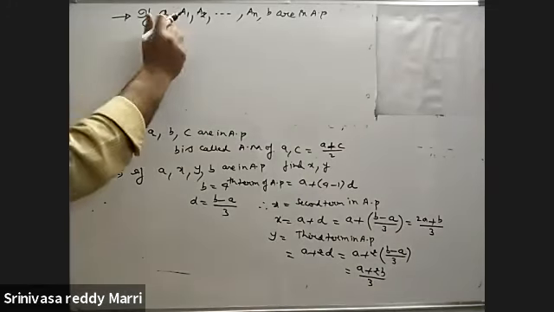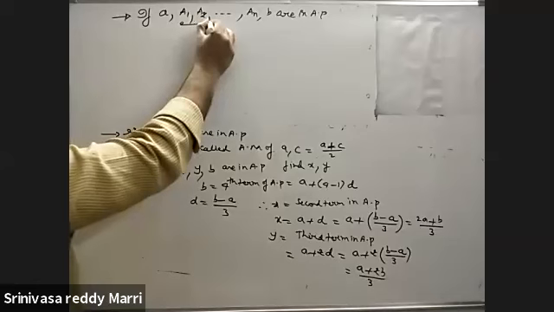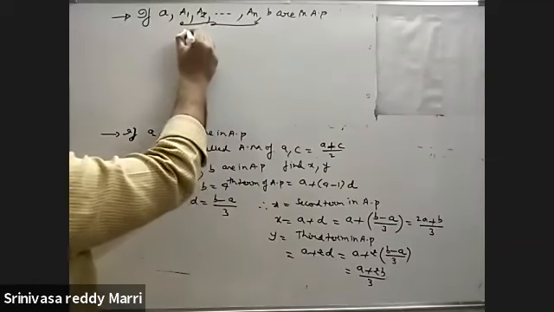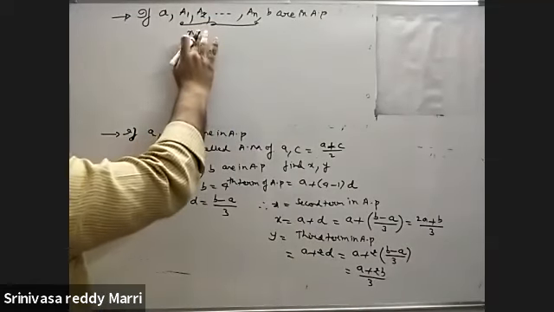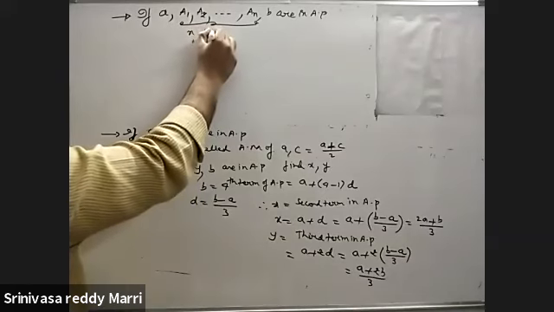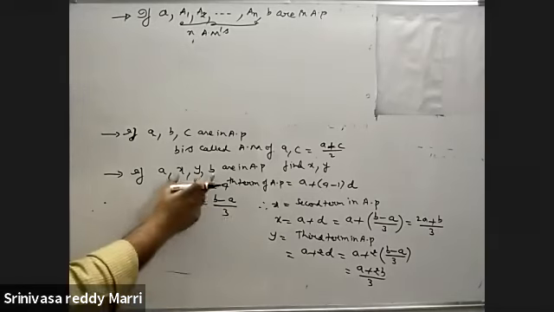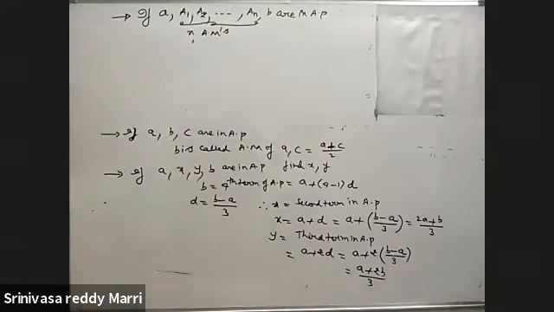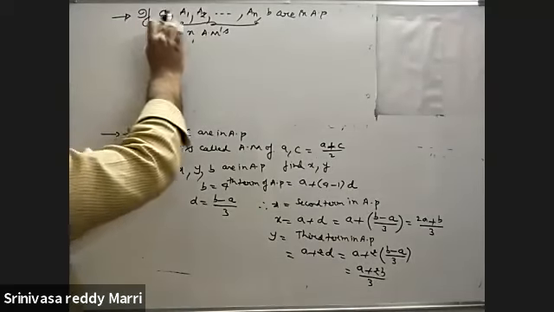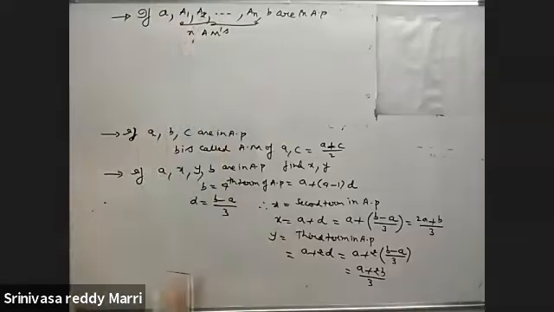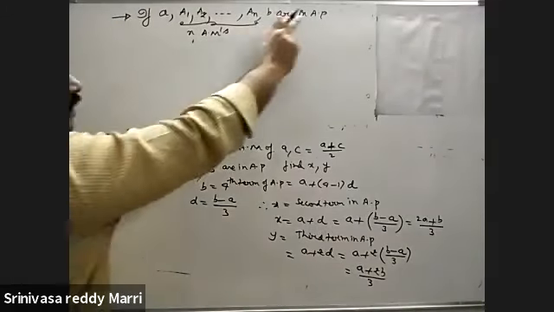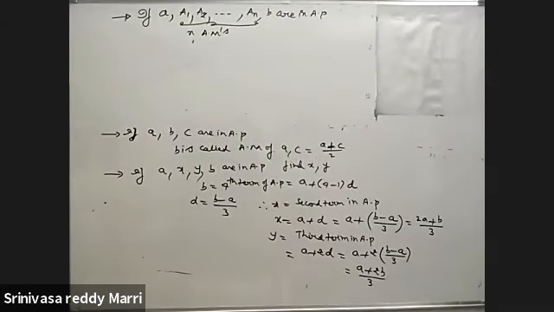N numbers are there. These are called N AMs. Here, how many numbers are there? Two AMs. Here, N AMs. So between A and B, N AMs are inserted such that all will form an AP.